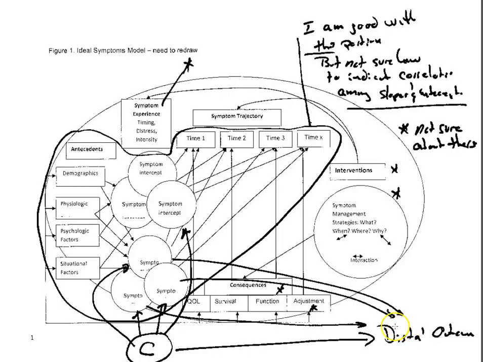Or it could be just long-term quality of life, like 5-year quality of life. There could be either a set of arrows coming from each of these symptoms, which gets pretty busy, or something like you have here, symptom trajectory, and I think that trajectory could predict outcomes.